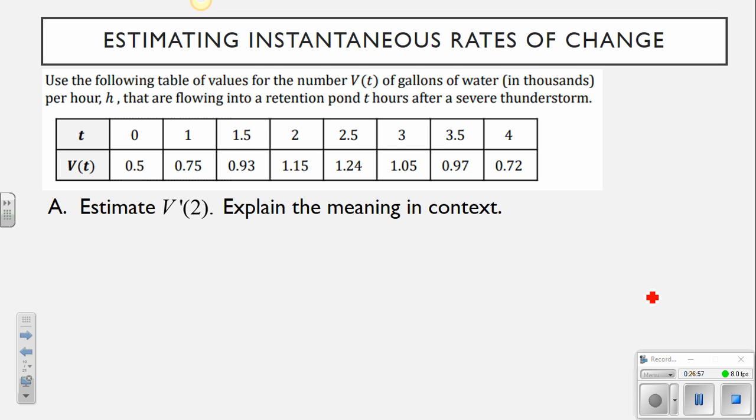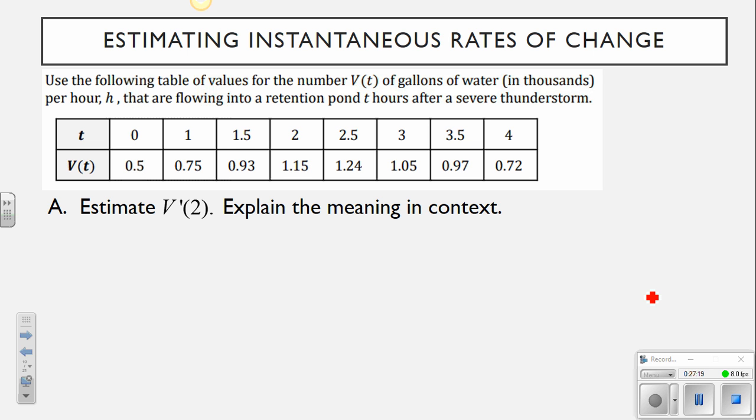So here it says use the following table of values for the number V of T of gallons of water, thousands per hour, that are flowing into a retention pond T hours after a severe thunderstorm. So what are you talking about here? We have gallons of water that are flowing in per what? Per hour.